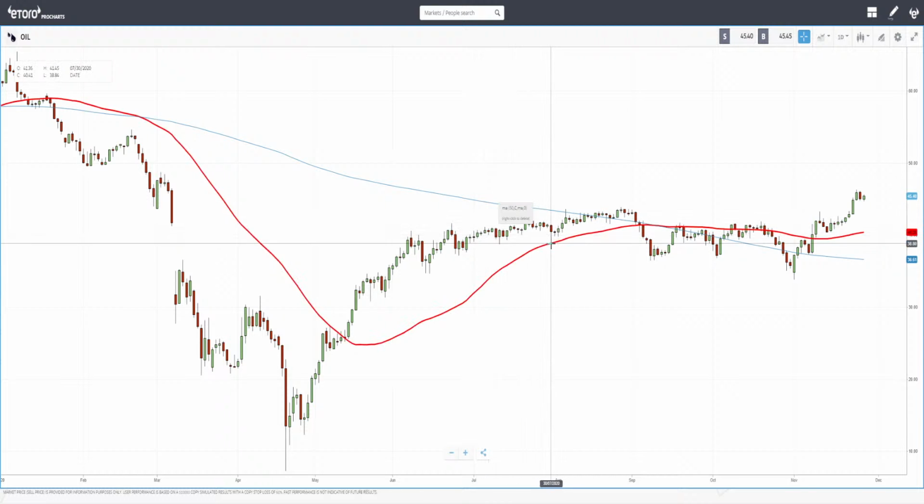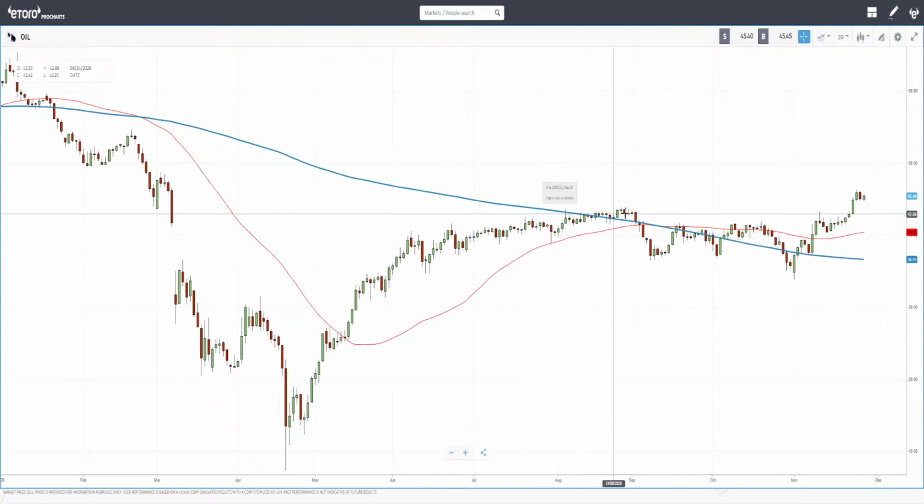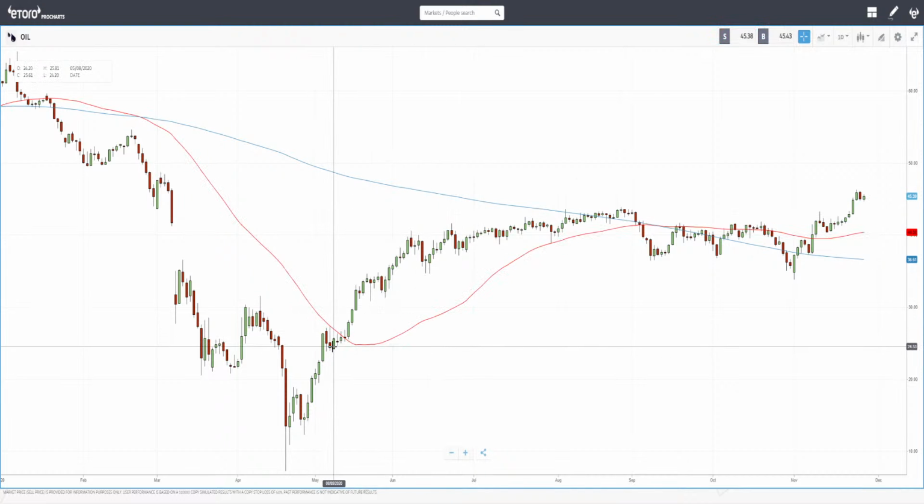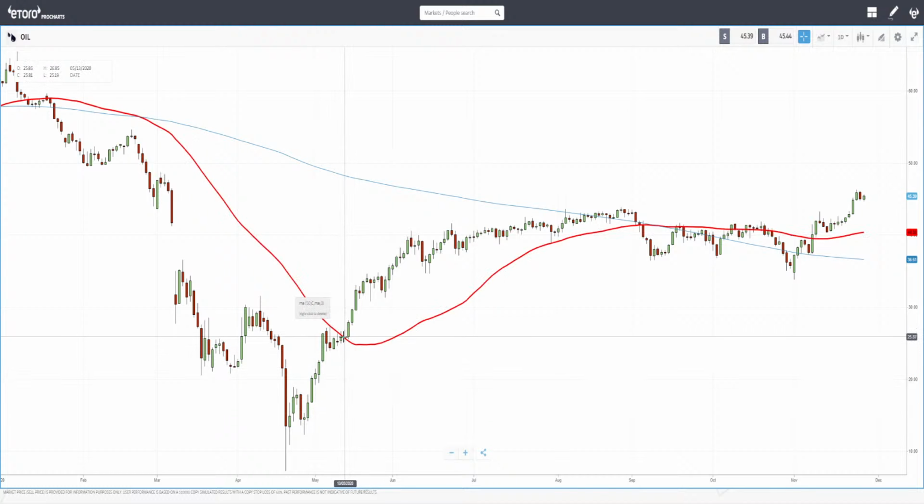When we have candlesticks that bounce like this, expect markets to continue to climb. While in this period here, when you have candlesticks that go straight through the moving average and don't bounce or get rejected to the downside, this is a clear indication that price action is about to change and we are going to the upside.